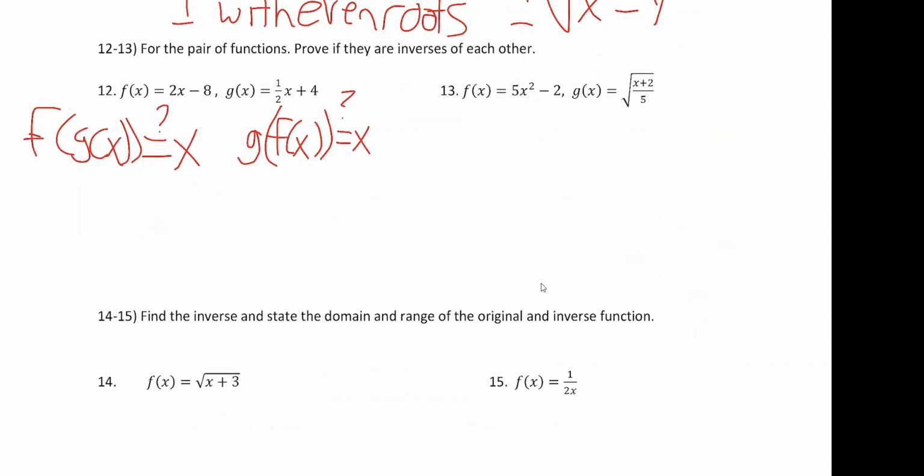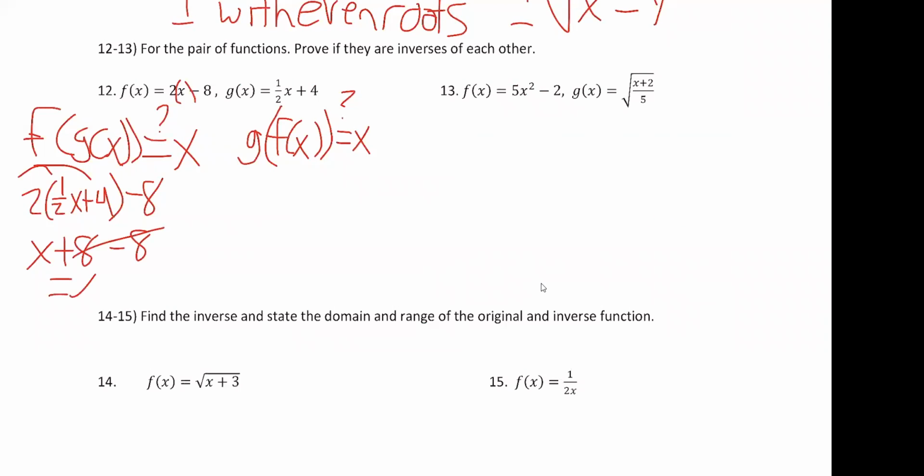They're not inverses. So for this one, if you plug the g function into the f function, you would have 2 parentheses 1/2 x plus 4 minus 8. If we start simplifying this, like distribute, you would get just x plus 8 minus 8, which does equal x. So far looking good.